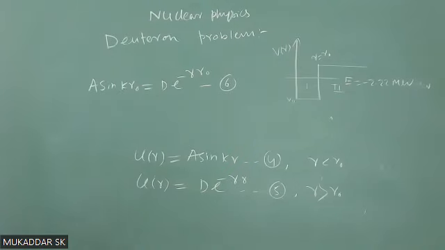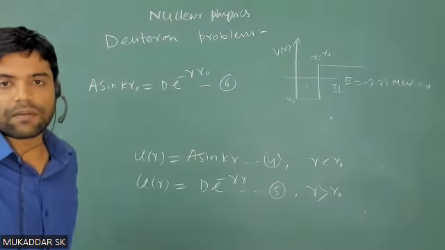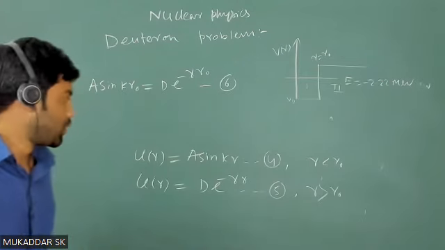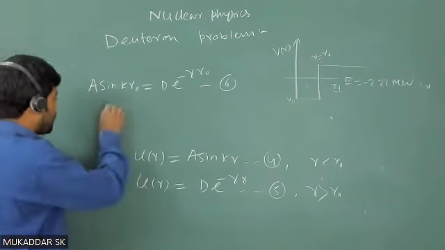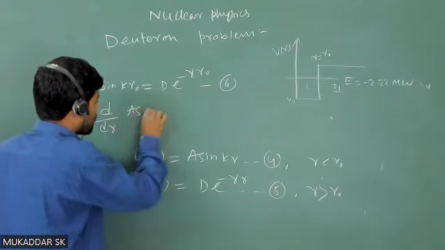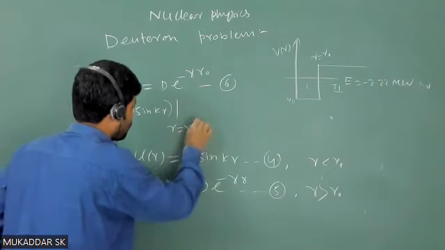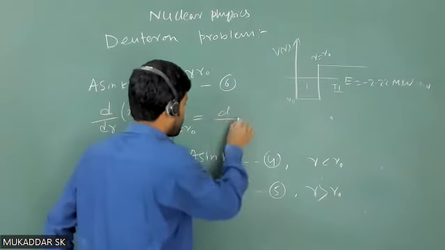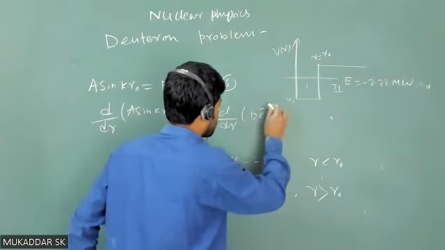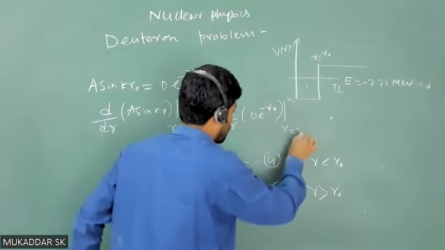Again, the first derivative of the wave function should be continuous everywhere. It means the first derivative will also be continuous at r equals r naught. So d by dr of a sin kr at r equals r naught should be equal to d by dr of d exponential minus gamma r at r equals r naught.